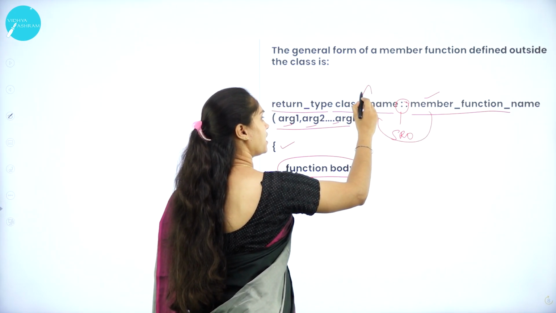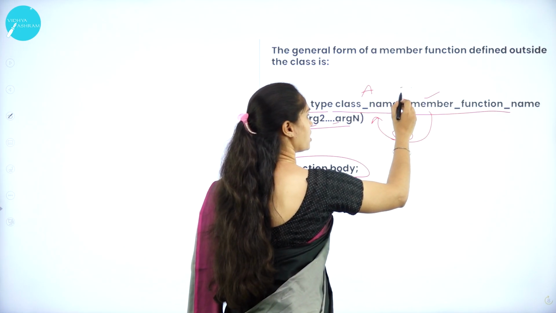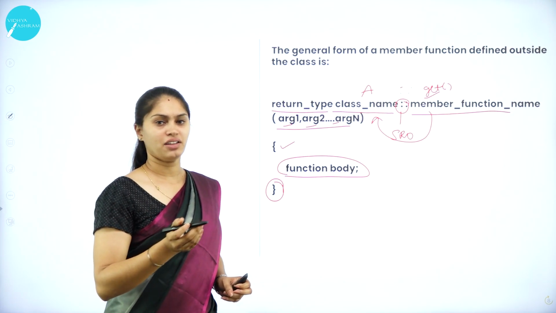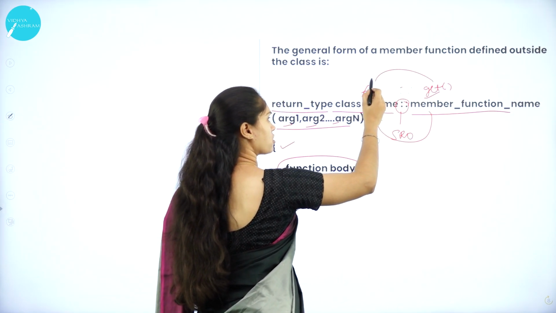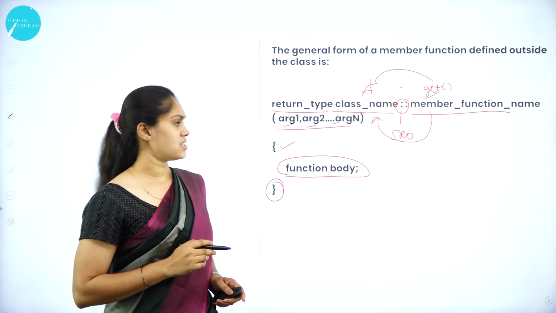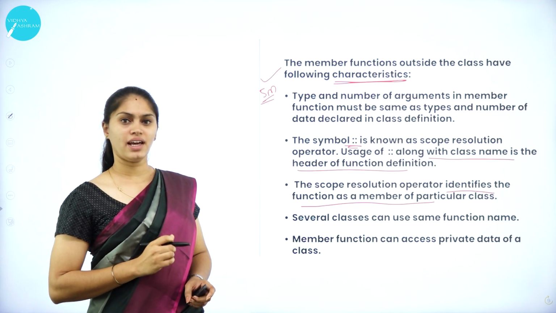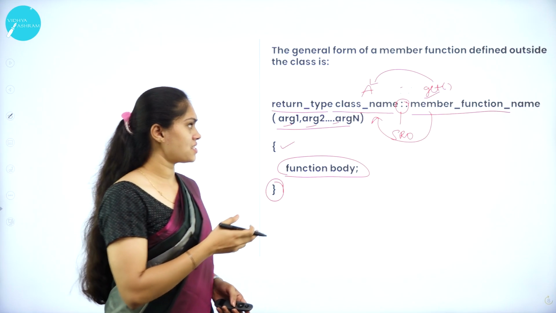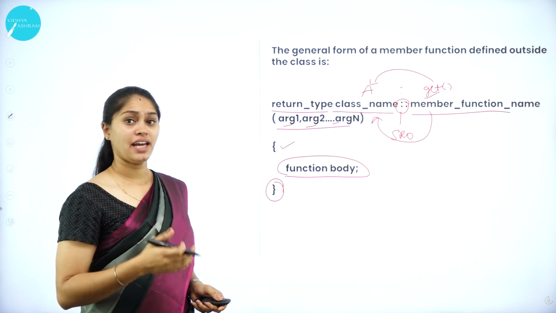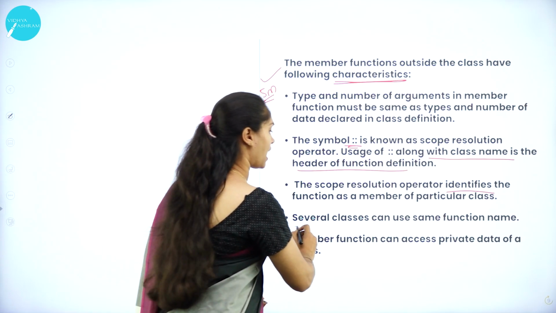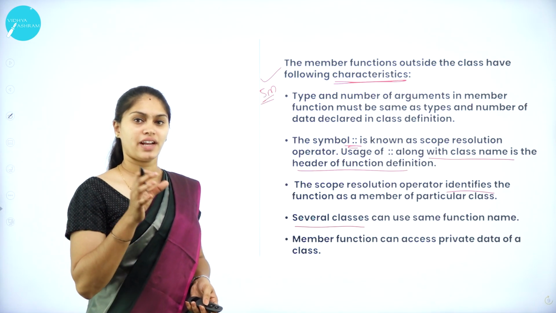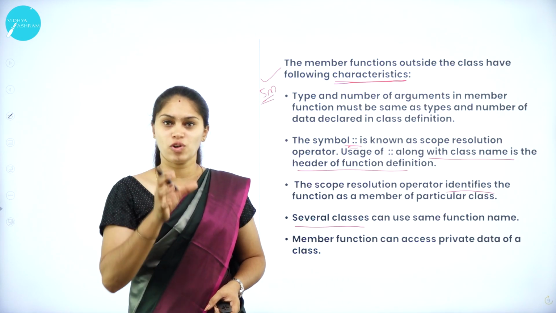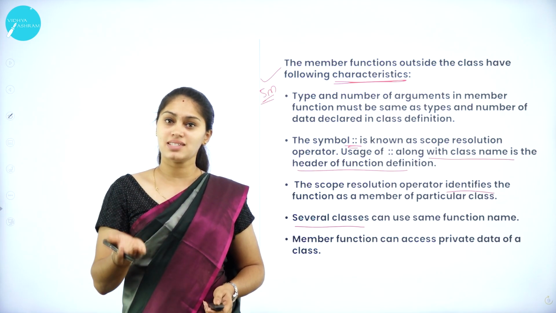For example, consider a class A and I have a member function get. This scope resolution operator will identify that this get member function belongs to a class called A. That is the usage of this scope resolution operator, and several classes can use the same function name. For example, consider classes A, B, C, D, E and F. Those 5 or 6 classes can also have the same function name.